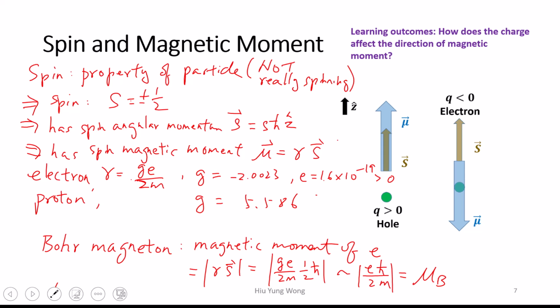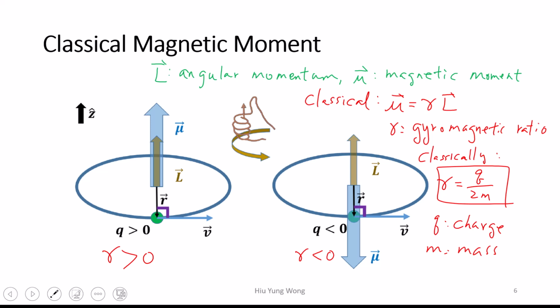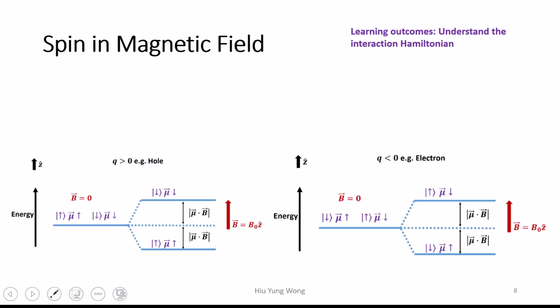You just think about spin, although it's wrong, as a mechanical spin. So the spin direction will be the same as the angular momentum direction, because of the right hand rule. If I'm spinning in this way, that means I spin up, because the definition of spin up is like this. So it is pointing up, right? So when it is positive charge and I spin up, the angular momentum is pointing up. At the same time, the magnetic moment is pointing up because the gyromagnetic ratio is larger than 0.